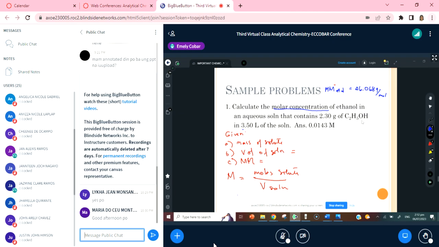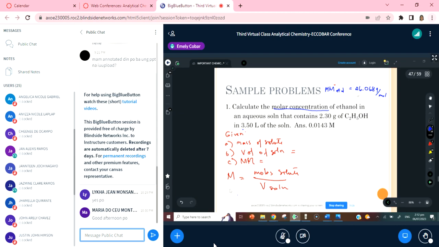What is the mass of ethyl alcohol? 2.30. What is the volume of solution? 3.50 liters. L, capital L. What is the molar mass of solute? Ethyl alcohol. Okay? So, kunin lang yung molar mass ni ethyl alcohol. Ito yata. Okay? 46.068.